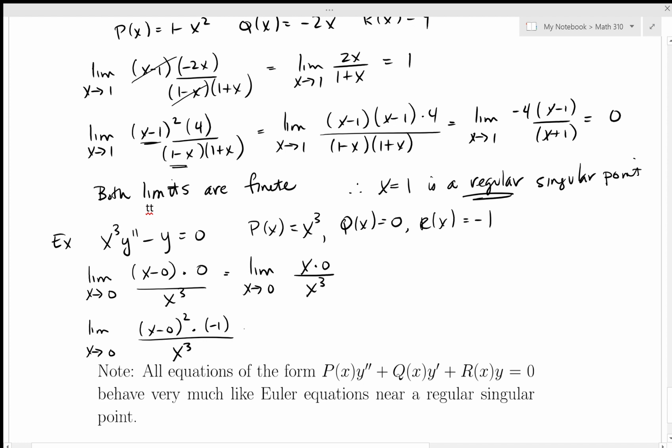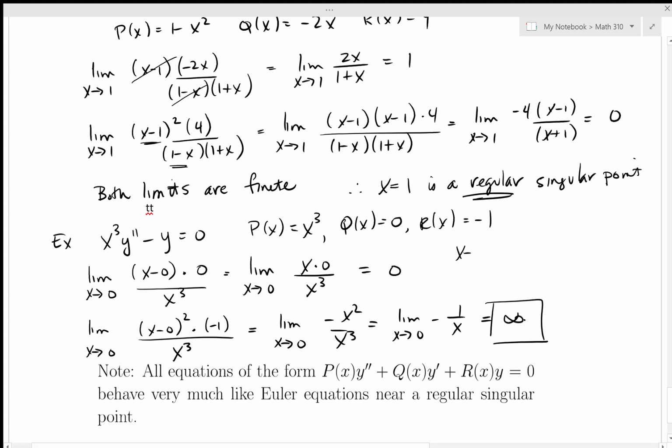That is the limit as x goes to 0 of minus x squared over x cubed, so that is the limit as x goes to 0 of minus 1 over x, and that is infinite, and this one here is 0. But this one right here is not finite, so x equals 0 is an irregular singular point.